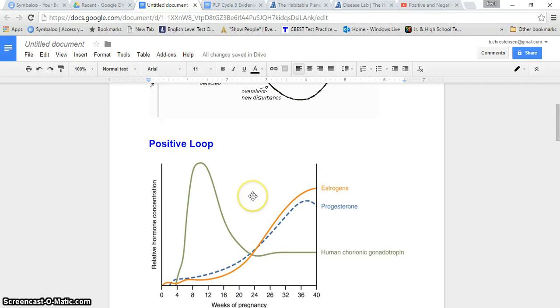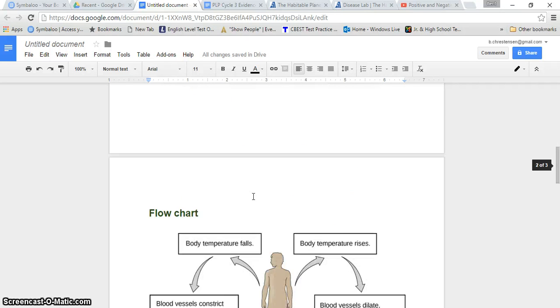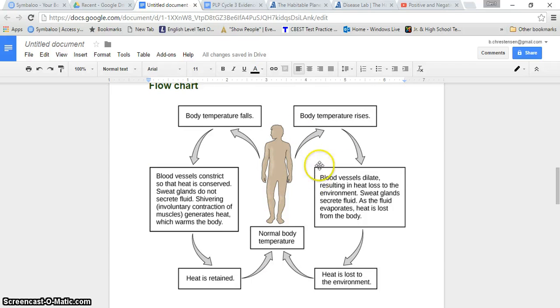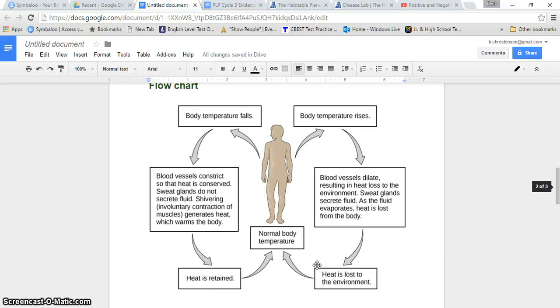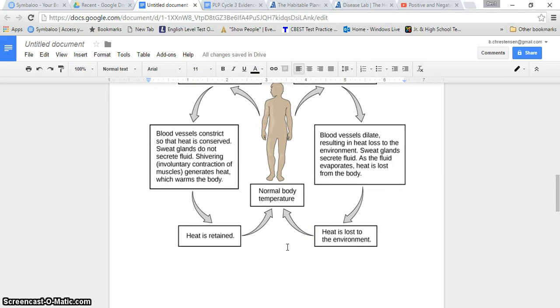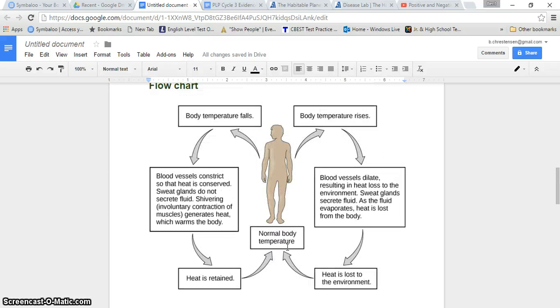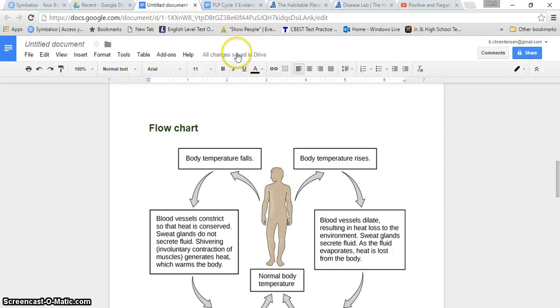And she understood that if the body temperature continued to rise without finding its balance again, that would be a positive loop. So doing both formative assessments would give her a good understanding of the content, but they had to be connected.